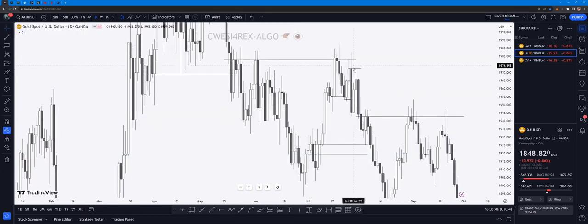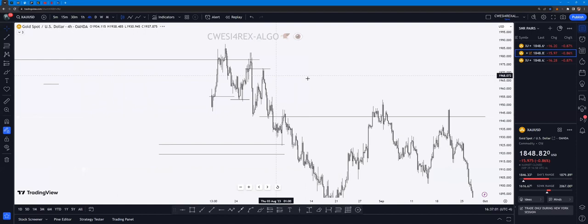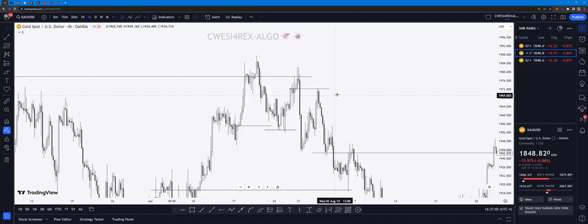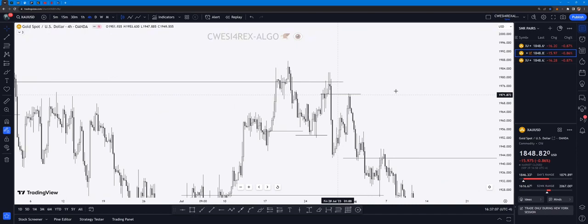So where the time frames agree, let's say over here, this is our daily point of interest. But when we scale down to the 4-hour time frame, we still have what? We have a point of interest over there. You can see the daily time frame is agreeing with what? The H4 time frame. So this gives us what?